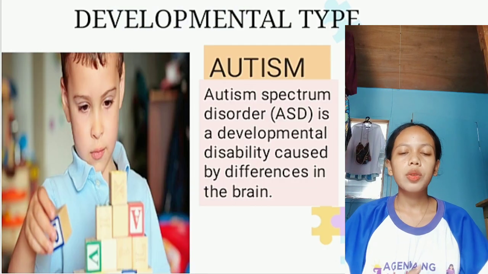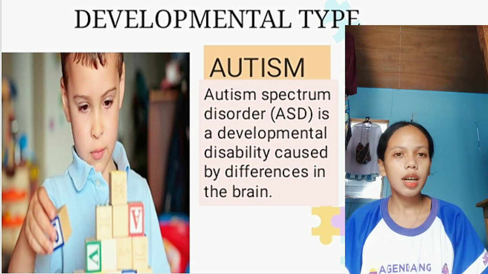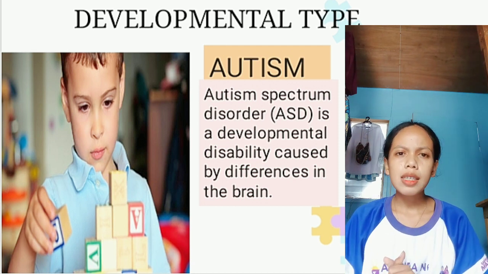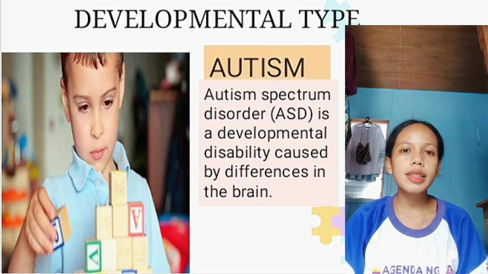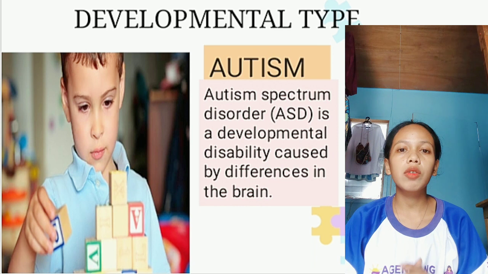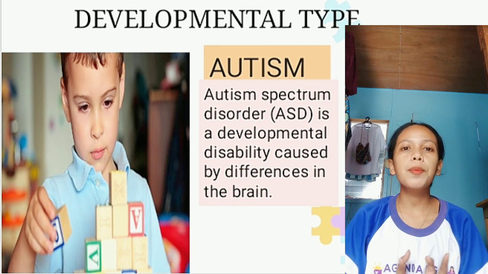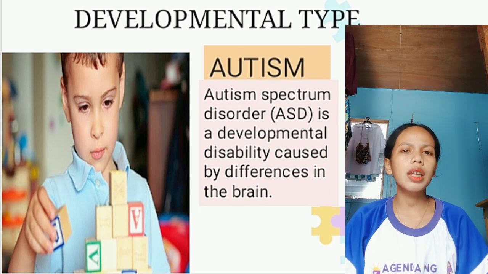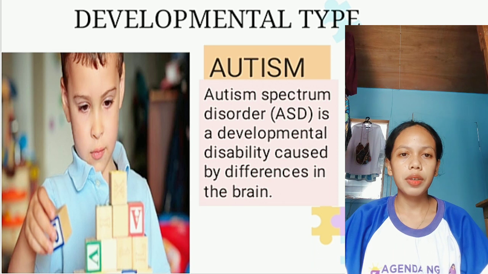Now, let's proceed to the second disability of developmental, which is autism. So, what is autism? Autism spectrum disorder or ASD is a developmental disability caused by differences in the brain. People with ASD often have problems with social communication and interaction, and restricted or repetitive behaviors or interests.